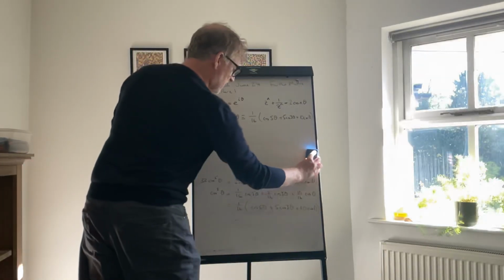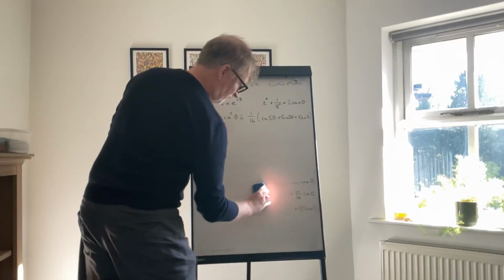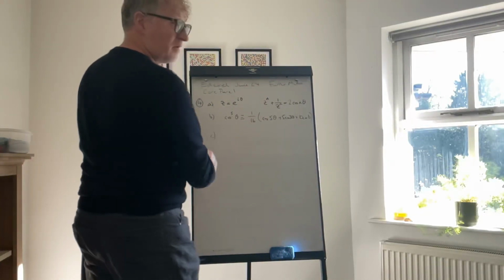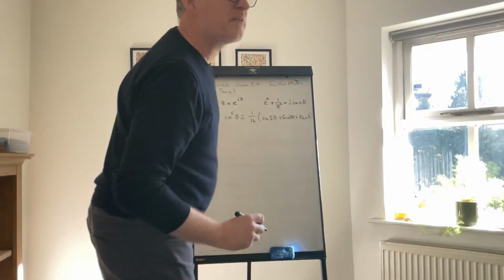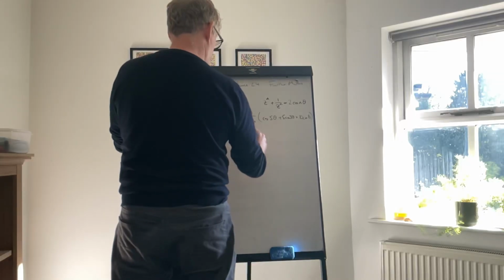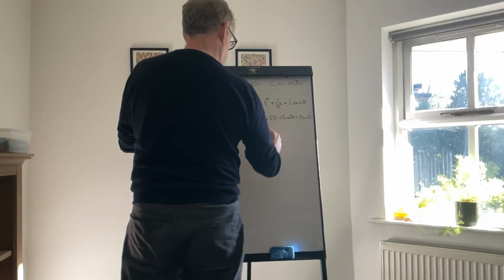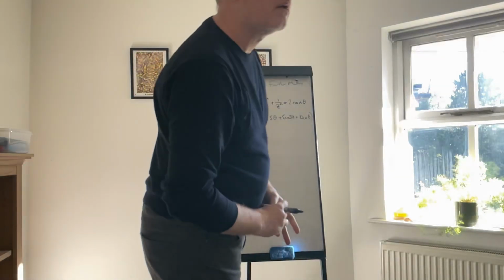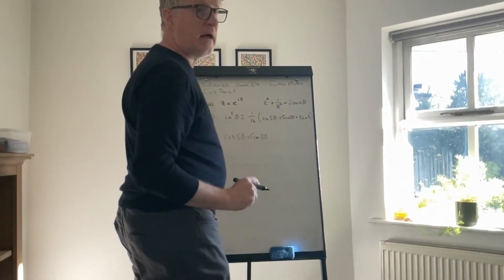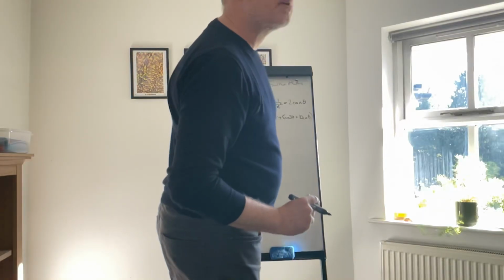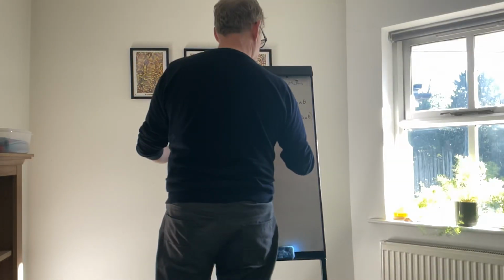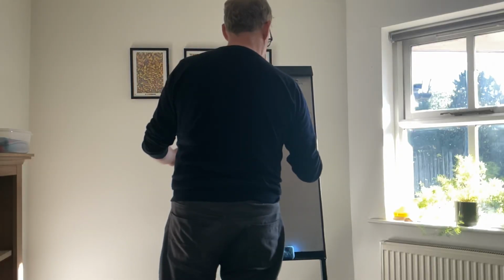So for part C, we are now solving cos 5 theta plus 5 cos 3 theta, and 12 cos theta equals 0.